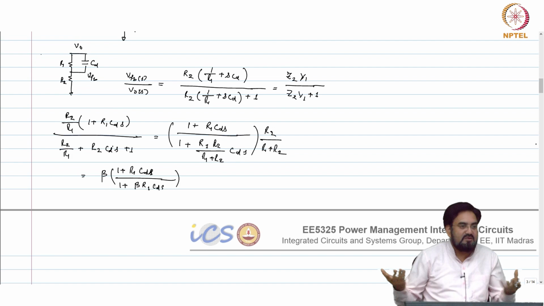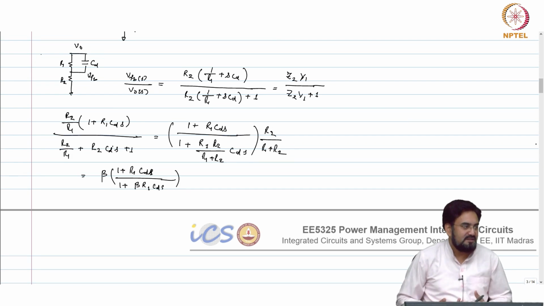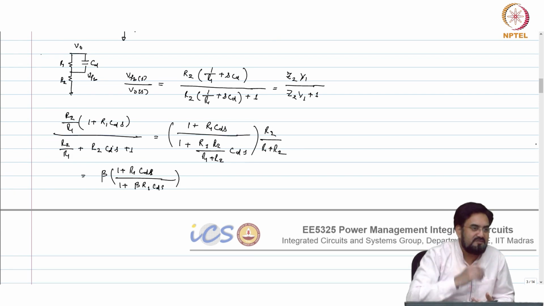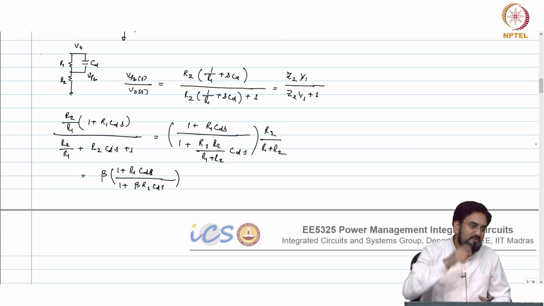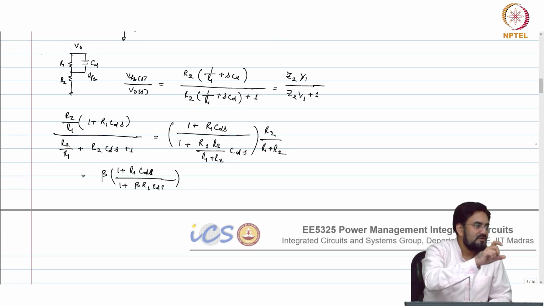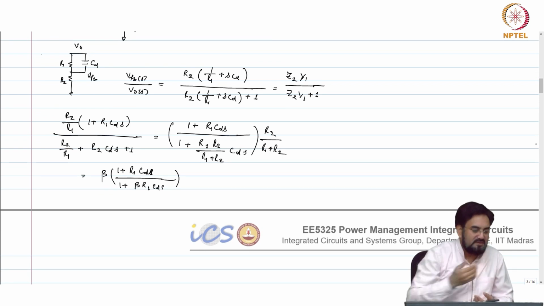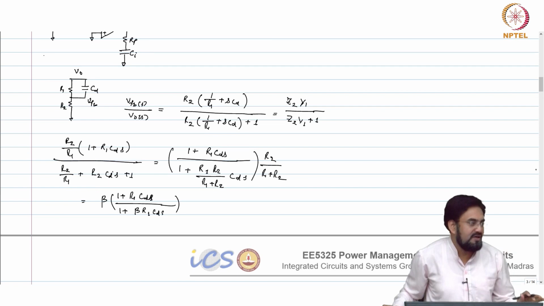Your beta should be 1 over 40, 50, which is unrealistic. That means your reference voltage should be on the order of tens of millivolts. It does not make any sense in that case. We do not want to keep the reference voltage too low, otherwise it will become more sensitive to noise. So this will not help.